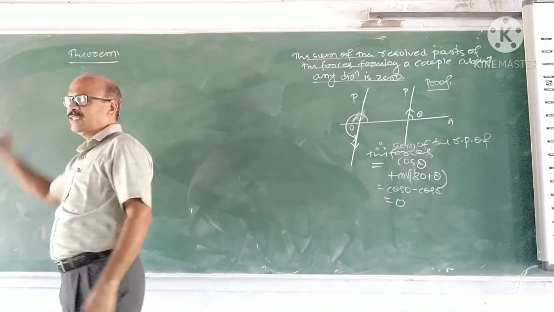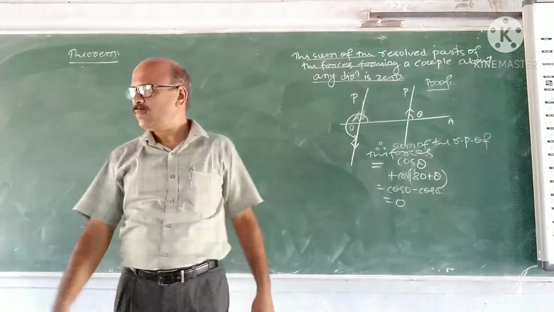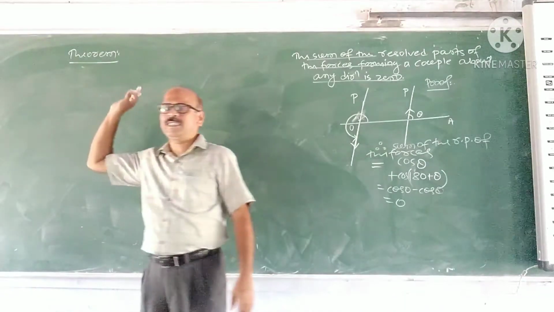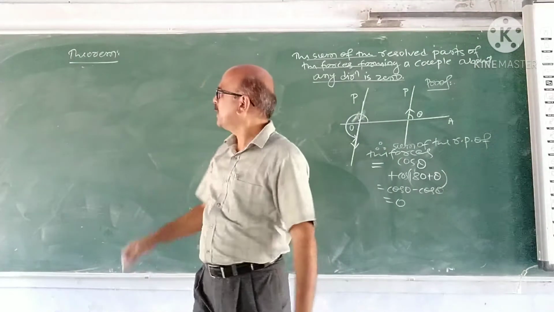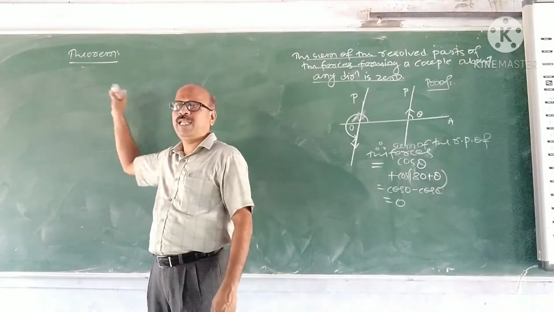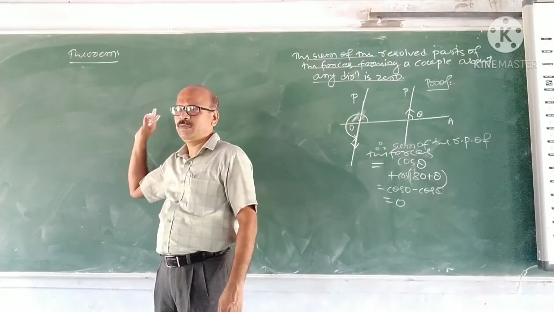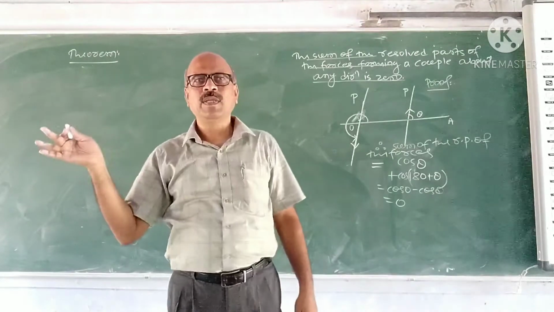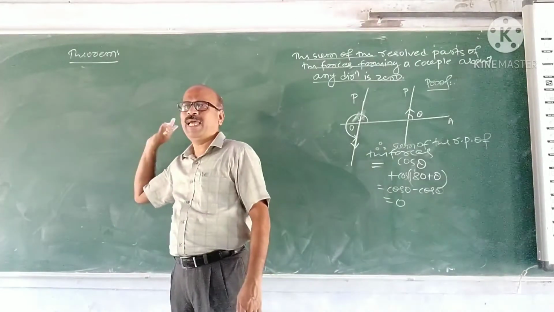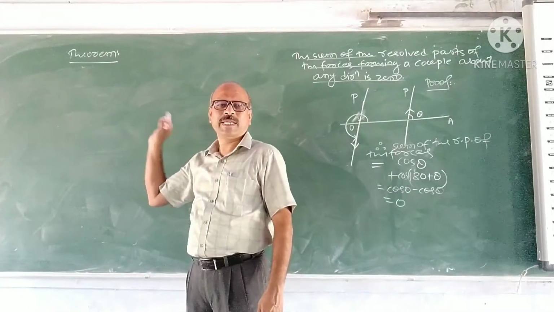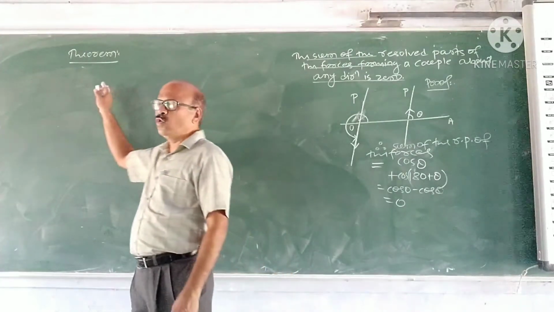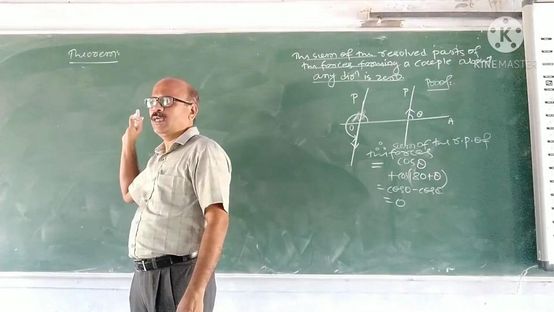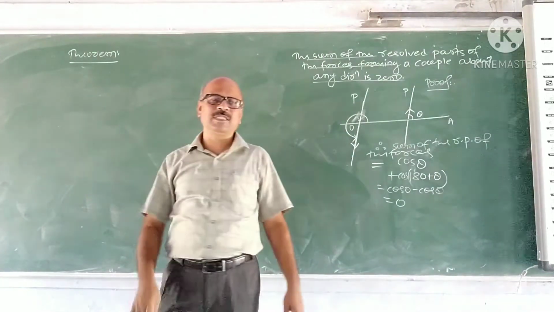See, the next result is like this. Two couples in the same plane but acting in the opposite direction balance each other. Important result: two equal and opposite couples acting in the same plane balance each other. Second result is two couples acting in the opposite sense in a parallel plane also balance each other.